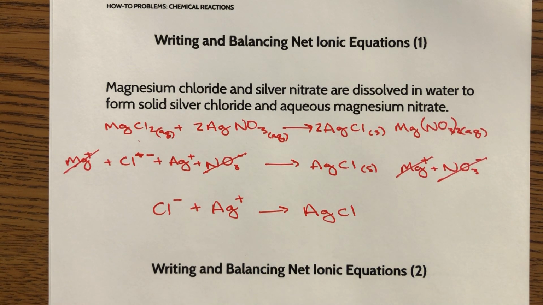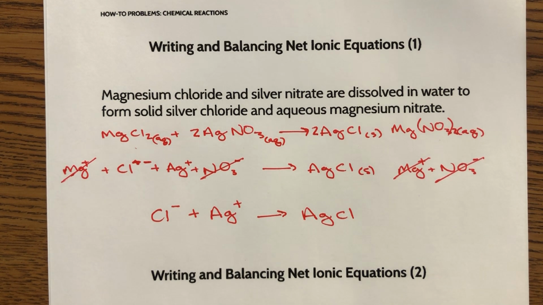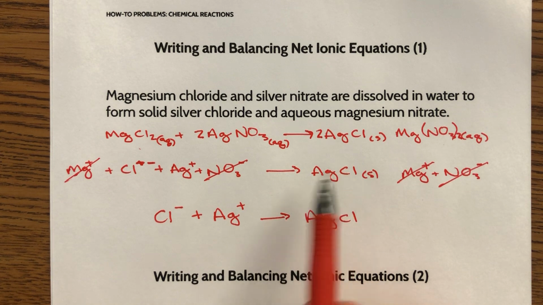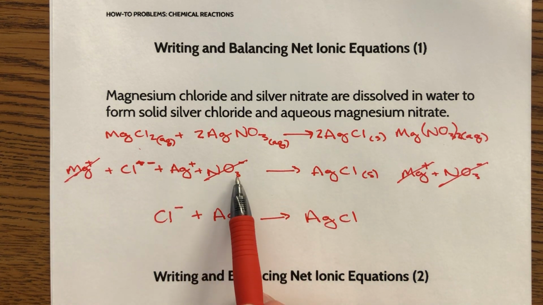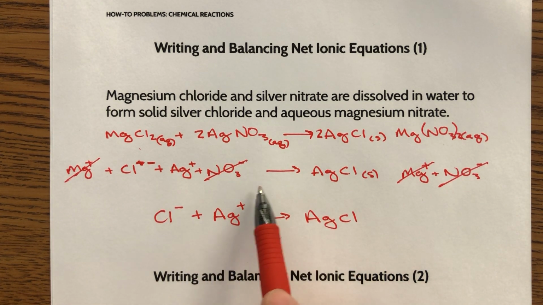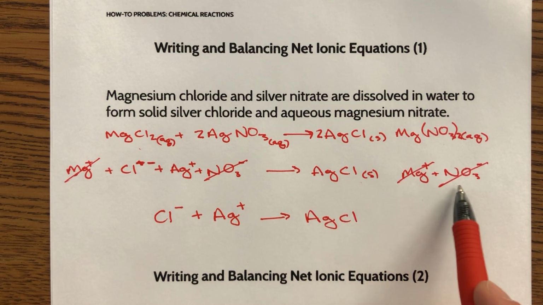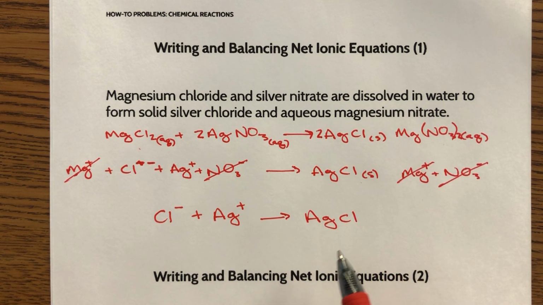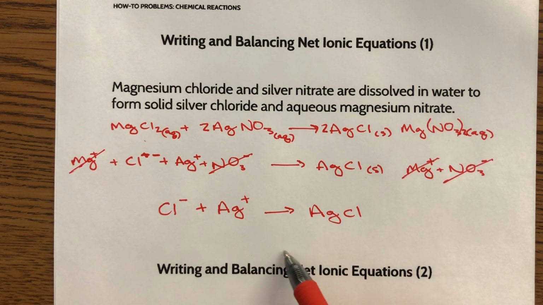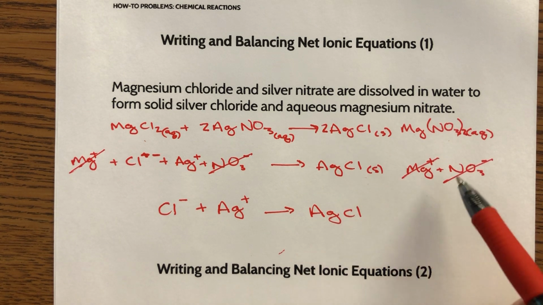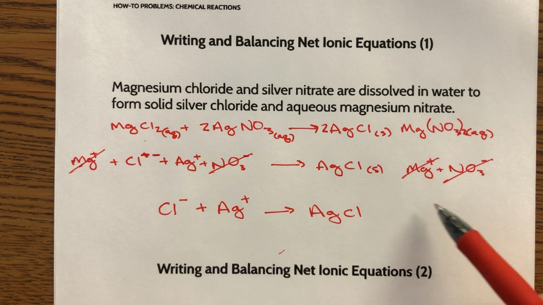And that's it for this first reaction, because this is showing you the net ionic equation. This is the complete ionic equation. We're showing everything in its aqueous form, and when it combines, silver and chlorine form a solid, and magnesium and nitrate stay in solution. Your next question should be, well, why did silver and chlorine form a solid, and why did magnesium and nitrate stay in solution?